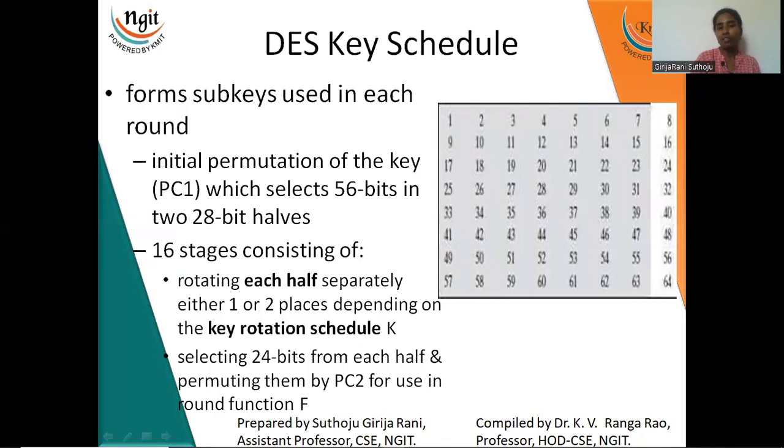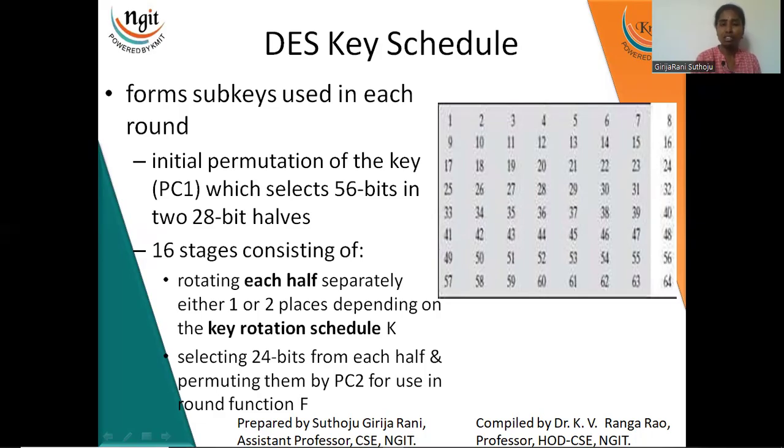Key rotation means that every time I move from round 1 to round 2, I should not use the same key as round 1. That is the reason I must apply rotation.